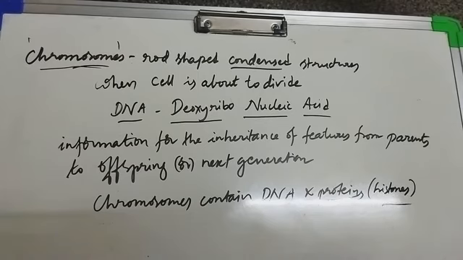If you want, you can remember, chromosomes are composed of DNA and protein. And as I said, the information for the inheritance of features from parents to offspring is present in the form of DNA.